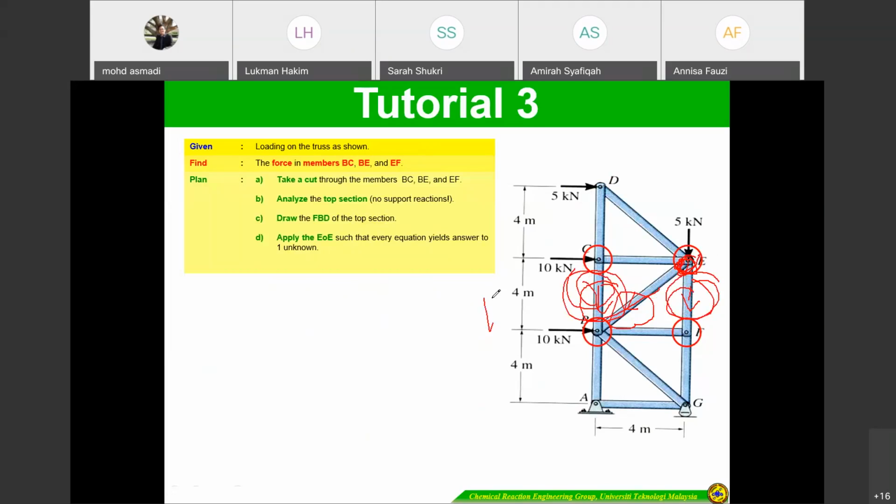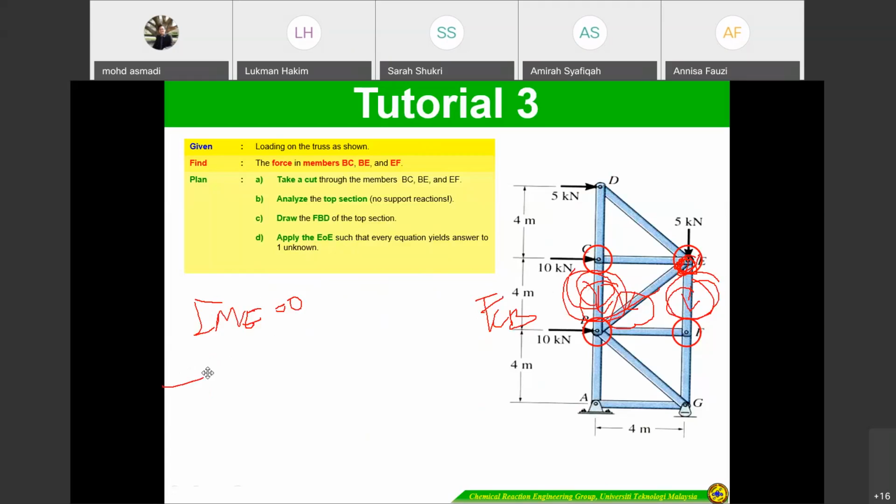FCB. Okay, so total moment at point E equal to 0. So negative FCB is clockwise.